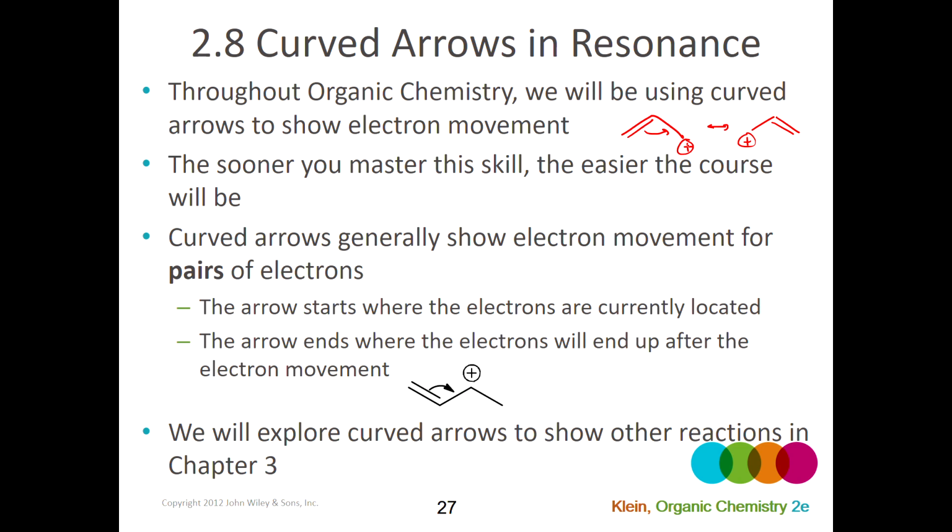So in this case, there are only 2 contributors, and the average of them is pretty easy to show, where the electrons exist over all 3 atoms at once, and there's a partial positive on either side because that one positive is spread out over both atoms. If I've got lots and lots of atoms and lots of electrons that can possibly shift around, we want to help you with some guidelines and rules so you're showing the shifting happening in reasonable ways that leads to structures that you can then average together to get the hybrid, which is what we'll be talking about mostly on Thursday.